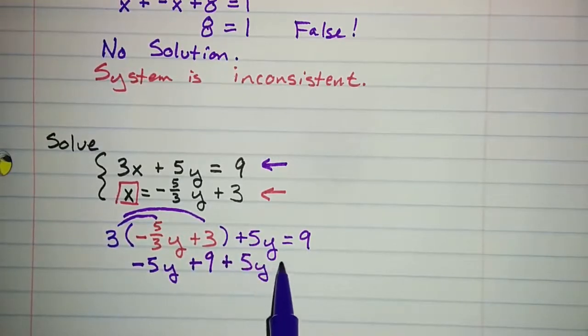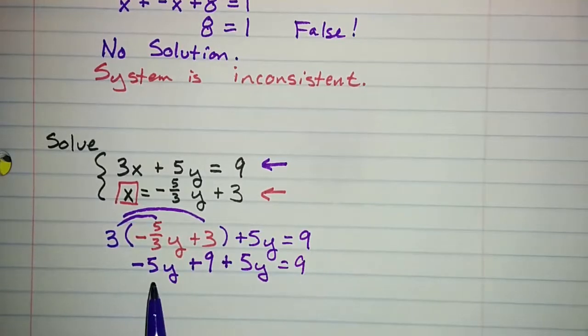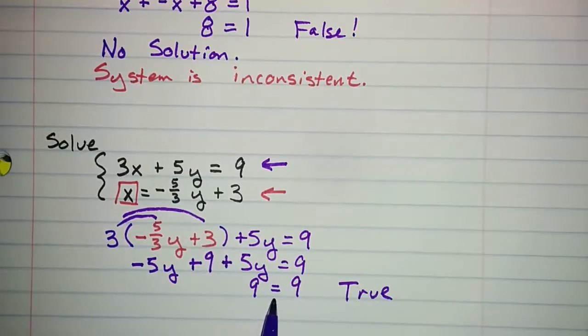plus 5y equals 9. Now again, when we combine the like terms, the y's are eliminated, right? And we're just left with 9 equals 9. Now is that true? Well, yeah, sure, that's true. And that's true no matter what x and y are, right?